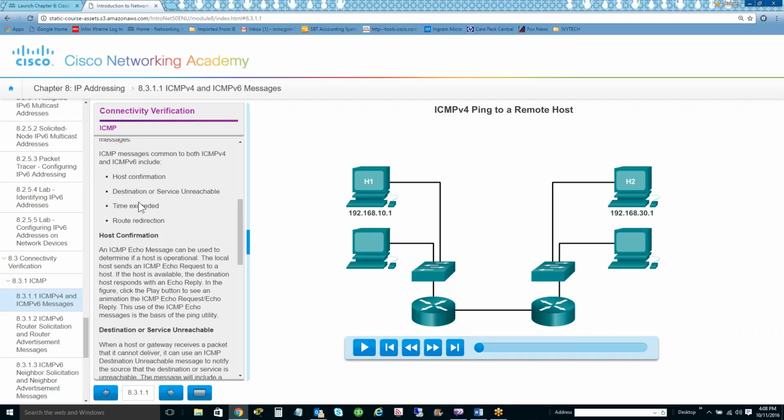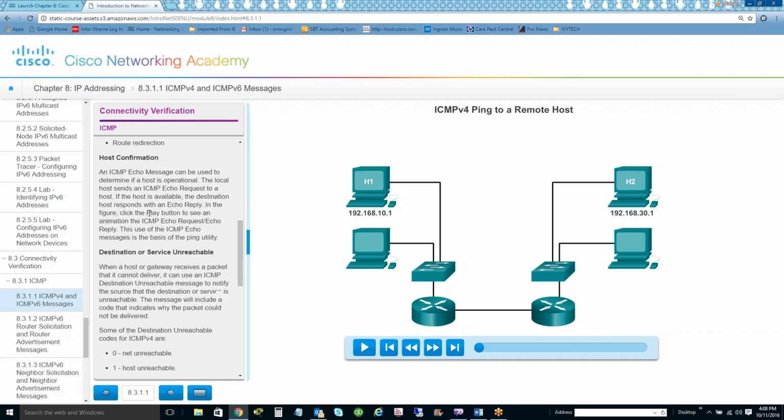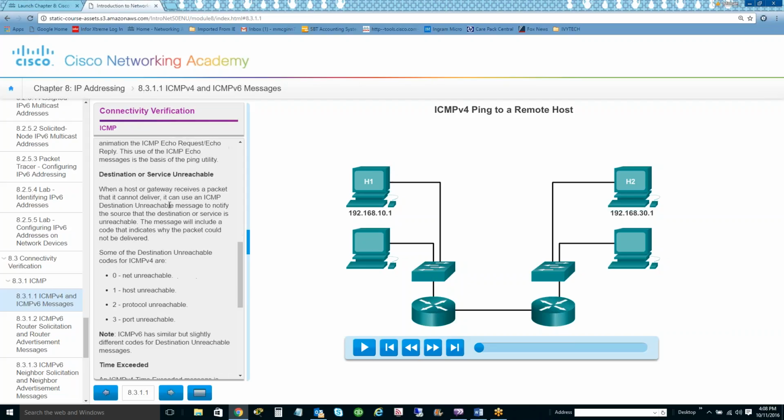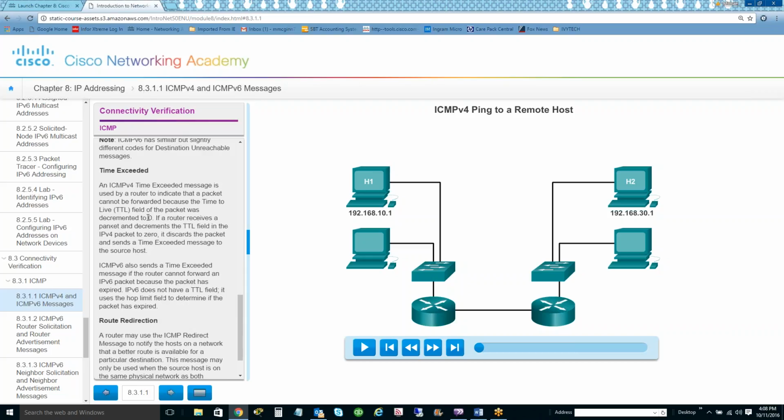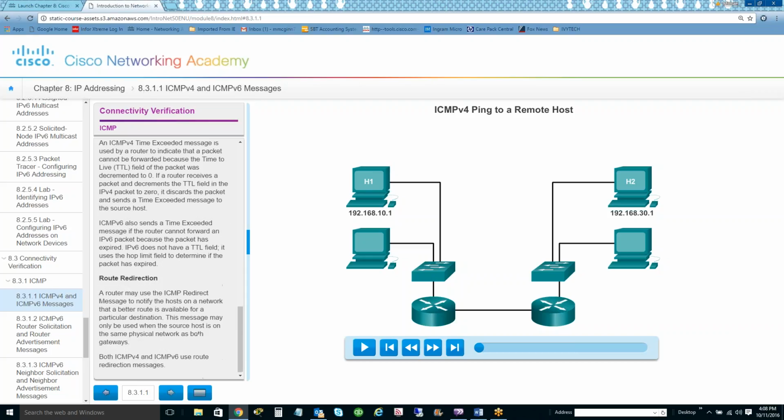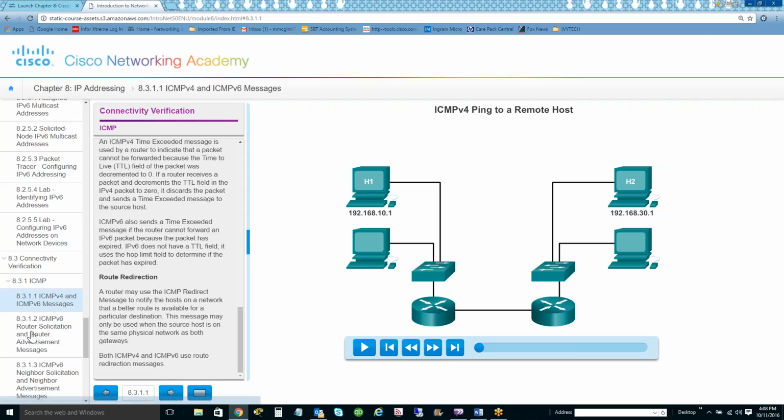You determine whether a destination or service is unreachable, time exceeded, route redirection, etc. With host confirmation, the ICMP echo message is used to determine if a host is operational. Destination or service unreachable is another message. Time exceeded relates to the time to live, and route redirection tells a host that there's a better route available. These are all common protocol messages in both 4 and 6.